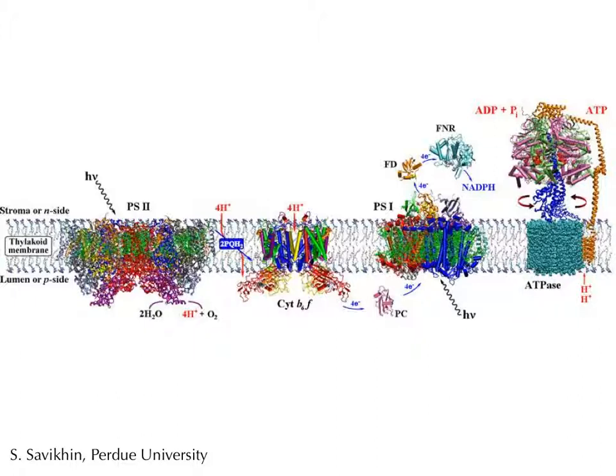This is a nice picture of the actual molecular structure of the photosystem 2, the electron transport chain here, photosystem 1, the little electron transport chain here, the reductase to make NADPH, and then here's your ATP synthase. You can see they have it spinning.